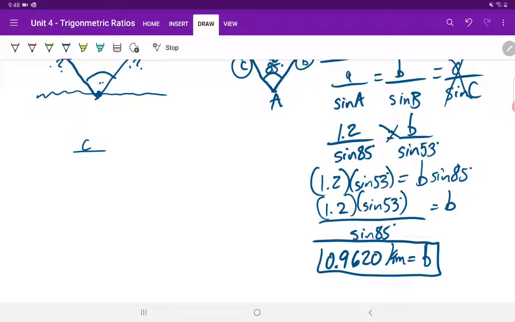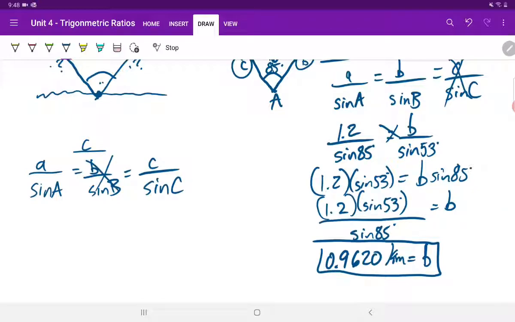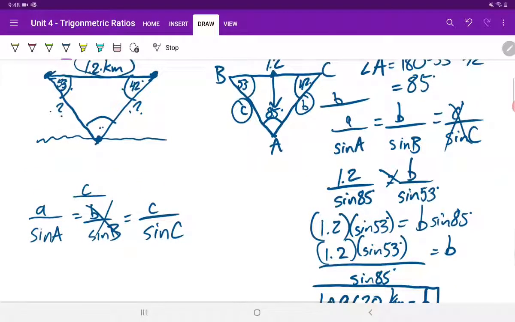Once again, we want to use the ratios that include a because we're given everything for a. So what I'm going to do is cancel out my ratio for b this time. Let's fill in all our values and cross multiply.